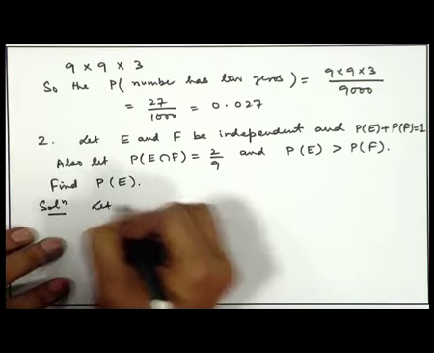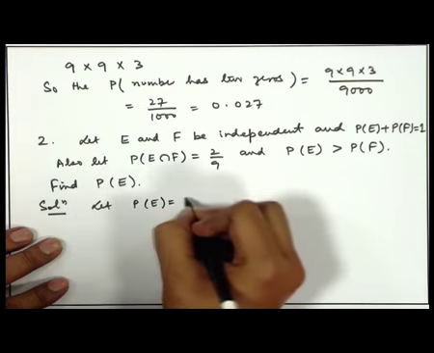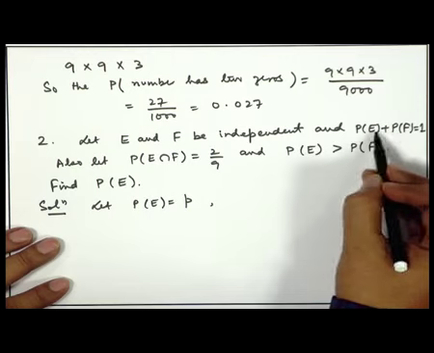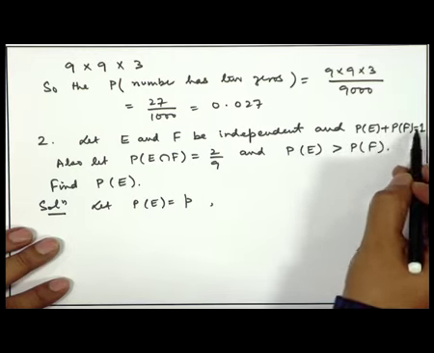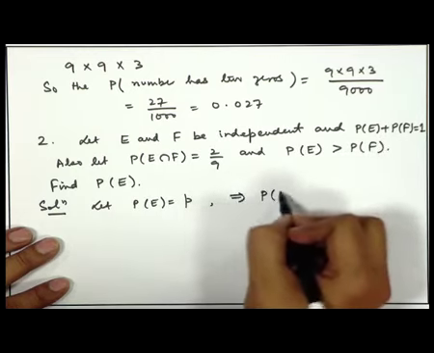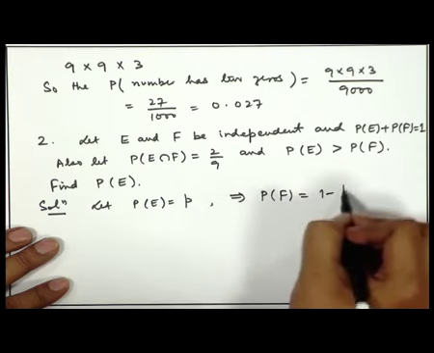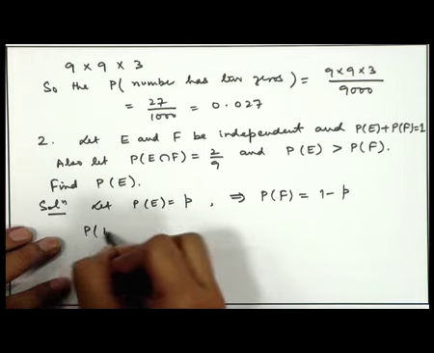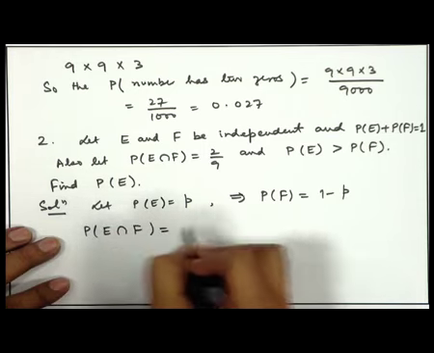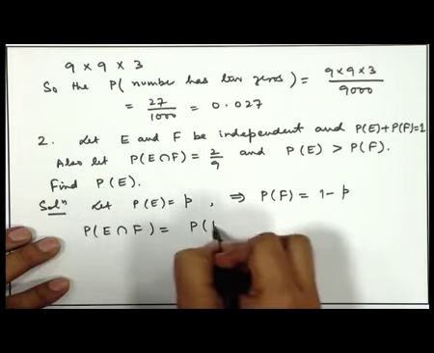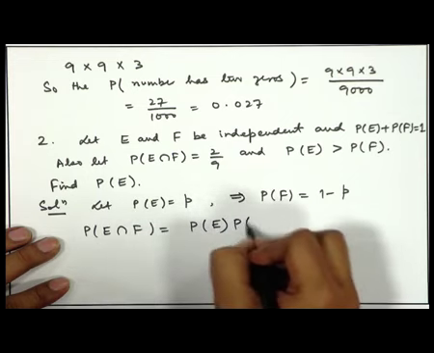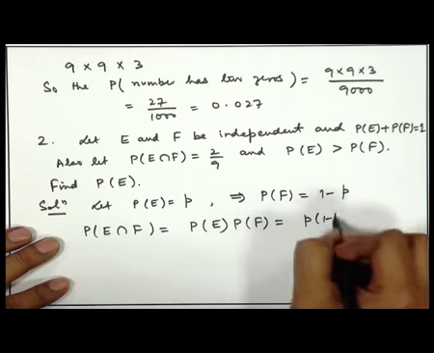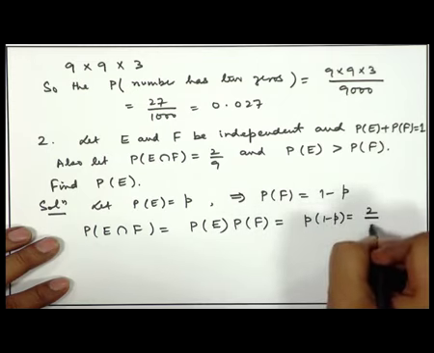So, let us assume probability of E is equal to say P. Now, it is given that probability of E plus probability of F is equal to 1. Then this implies that probability of F will become equal to 1 minus P. Now, probability of E intersection F, because E and F are independent, this becomes probability of E into probability of F. So, that is equal to P into 1 minus P, that is 2 by 9.